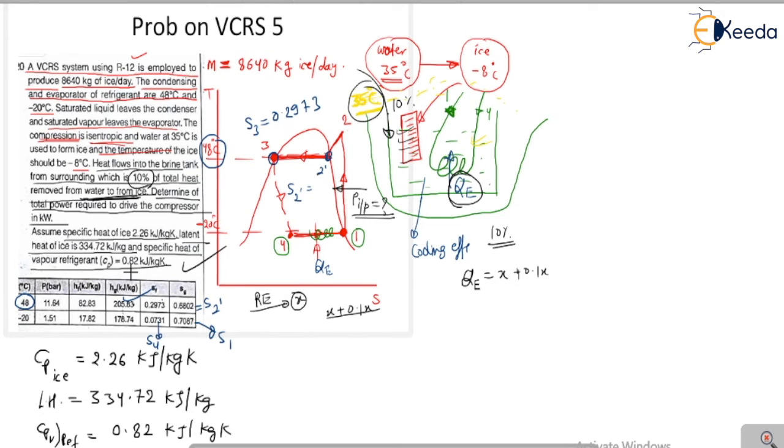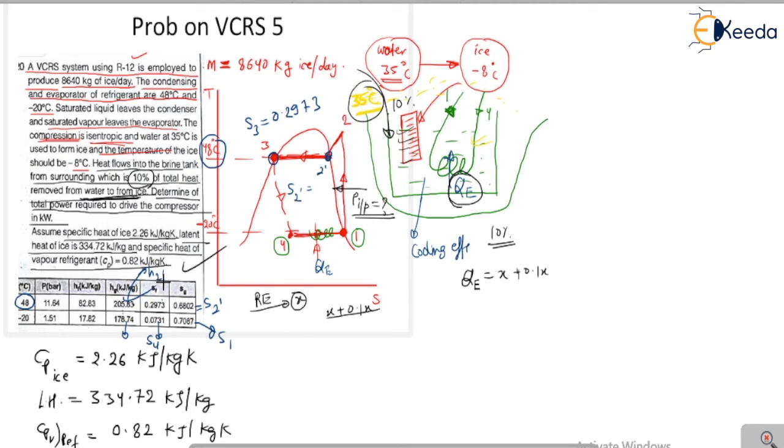And what is the value of Hg? This is the value of Hg. That means this is H2 dash, this is the value of 178 Hg, and this is the value for point number 4.